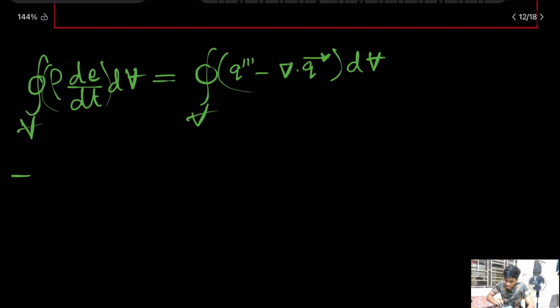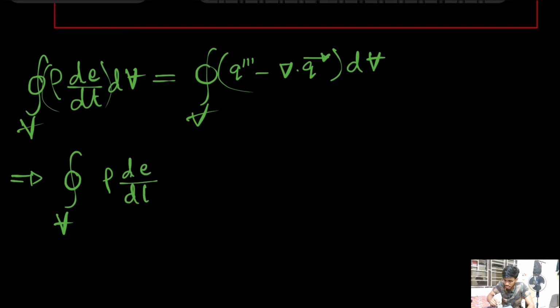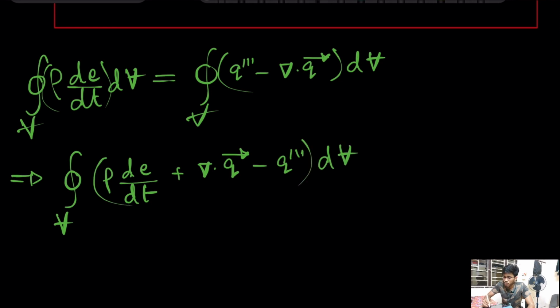Now I can take all these things to one side and write: the volume integral of rho de/dt plus divergence of the heat flux vector minus q triple prime, the volumetric heat generation rate, is equal to 0.